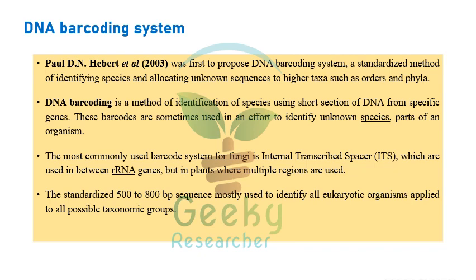The standardized 500 to 800 bp sequence is mostly used for the identification of many eukaryotic organisms and all possible taxonomic groups. I think this question was asked somewhere; I don't remember exactly. What is the standard base pair length in DNA barcoding? I have seen such questions before. It is 500 to 800 bp.